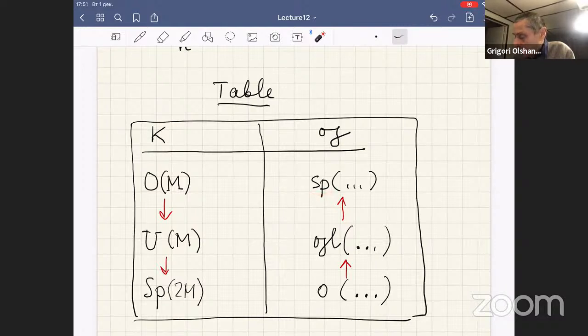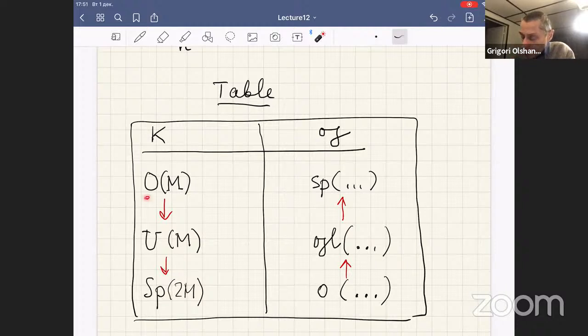I don't want at the moment to write what is the rank of this algebra, but I would like only to notice that it is symplectic. It is GL, general linear, and orthogonal Lie algebra. So this orthogonal is skew-symmetric matrices, arbitrary matrices, and some matrices which correspond to the symplectic Lie algebra. But here the inclusions are reverse.